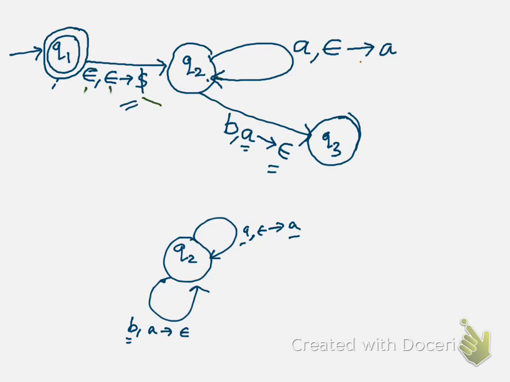Whenever you see a B on the input and an A on the stack top, you are going to pop that A. But look at a string something like A, B, A, B. This is different from A, B, B, B. So after you have read all the A's, you should always see B and not an A again.